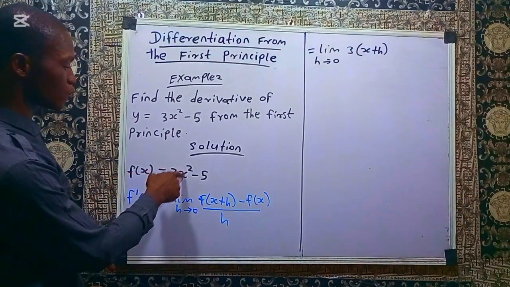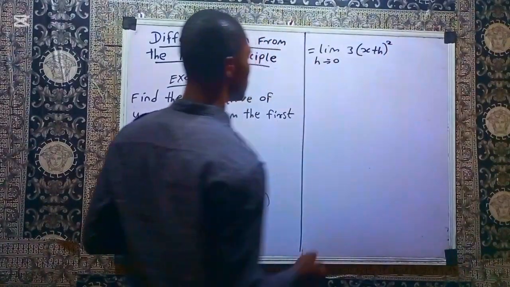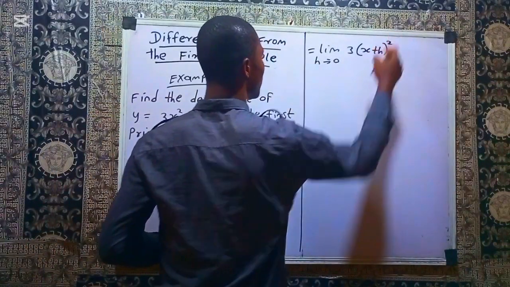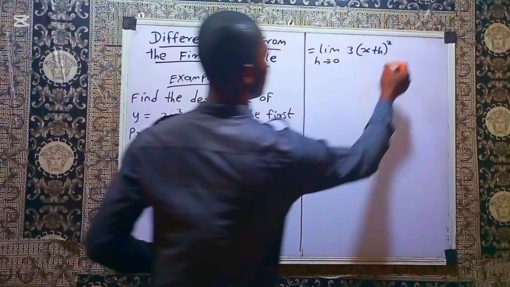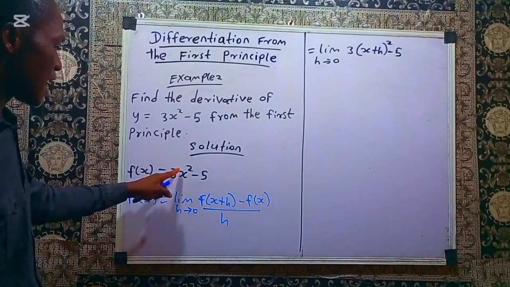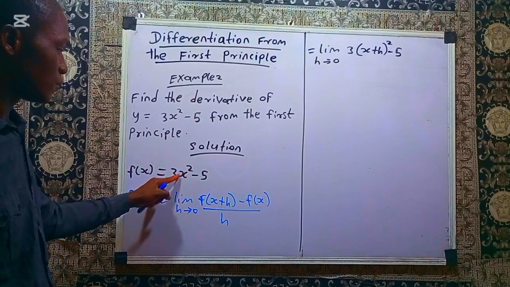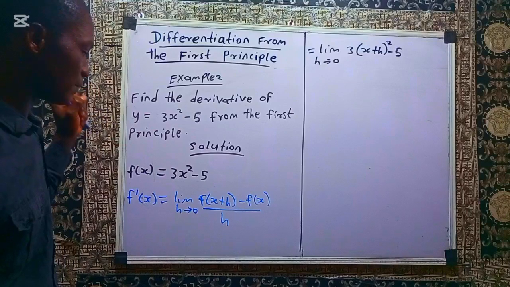You square it and multiply by 3. The next thing is minus 5. So I've written this correctly. I replace this x with what you have inside the function, x plus h. That's what I replaced.